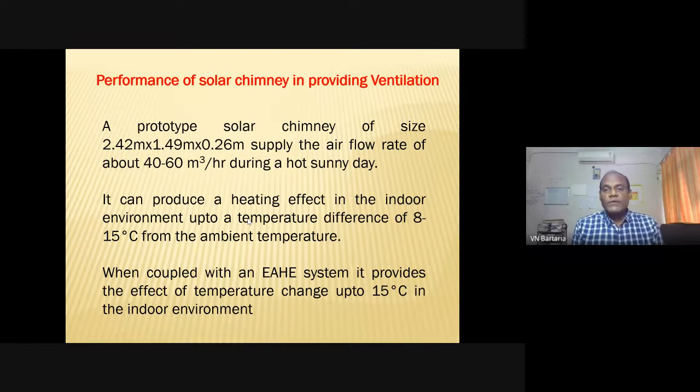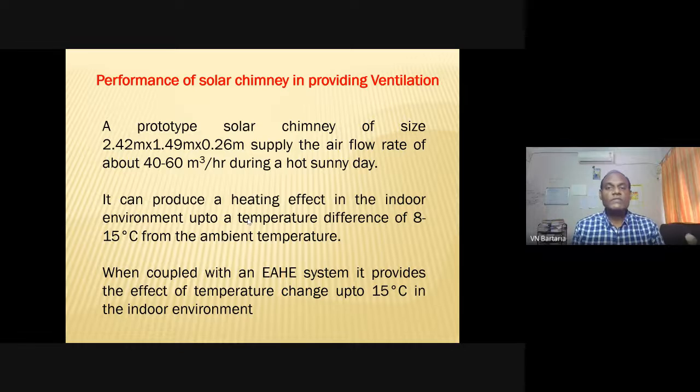It can produce a heating effect in the indoor environment up to a temperature difference of 8 to 15 degrees centigrade from the ambient temperature. So solar chimneys can also be used for heating and cooling of the indoor environment.